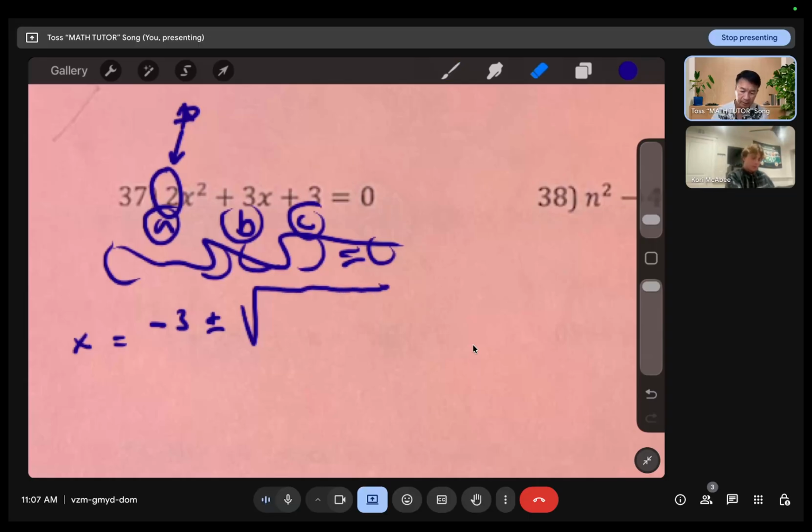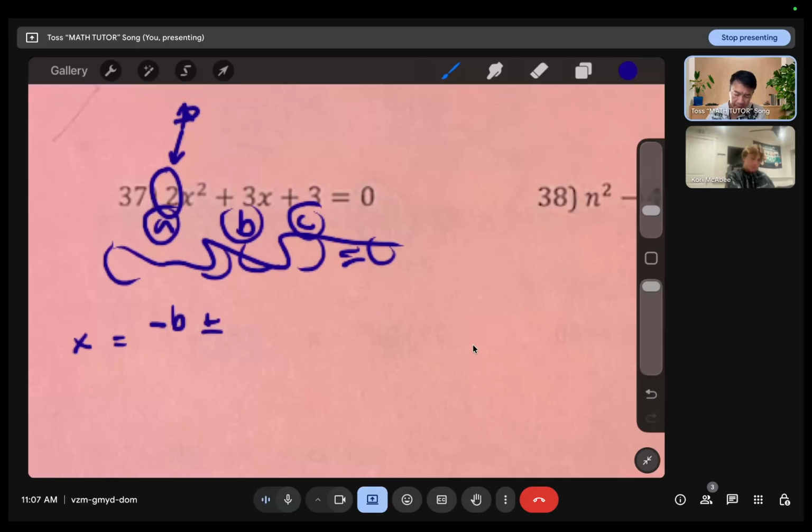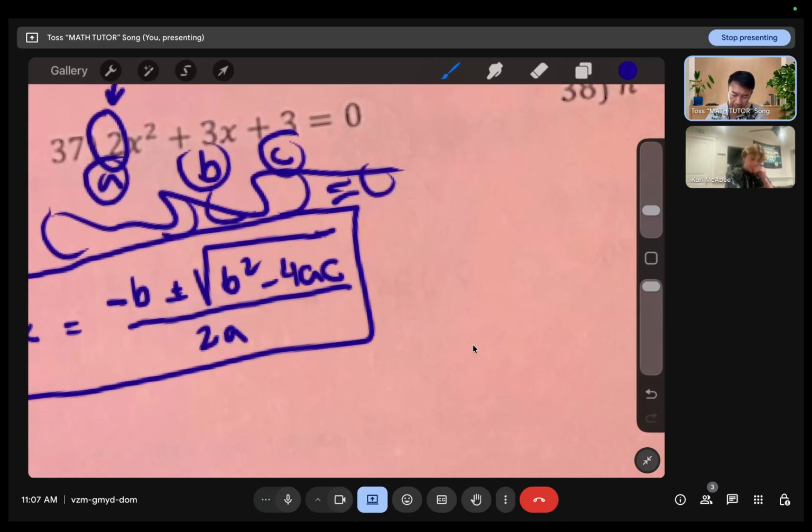You can write it on your cheat sheet. I'll write it for you. You can copy this for your cheat sheet. It's negative B plus or minus the square root of B squared minus 4 times A times C inside the root, all over 2A. So this is the formula we're going to use.